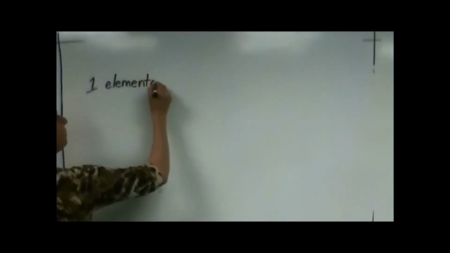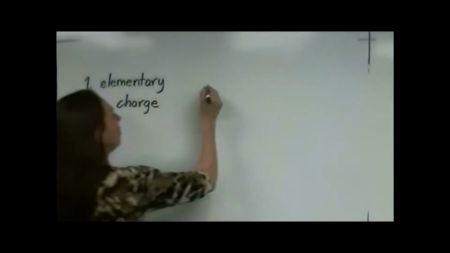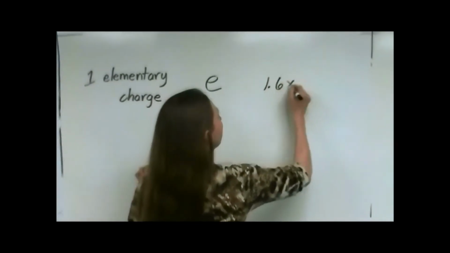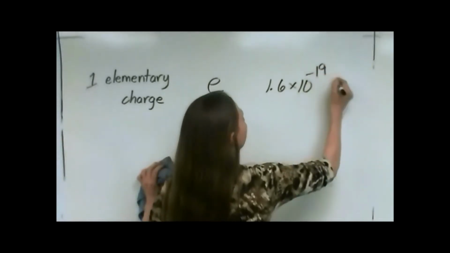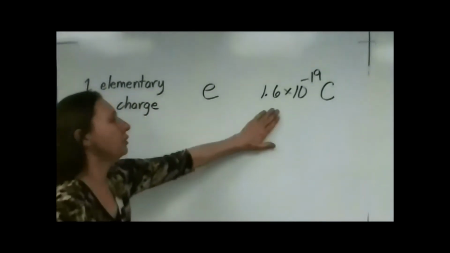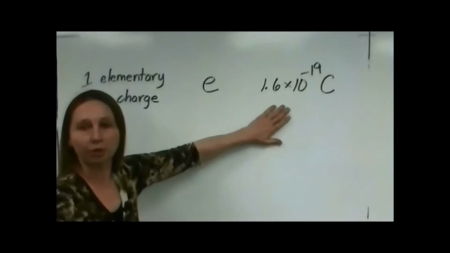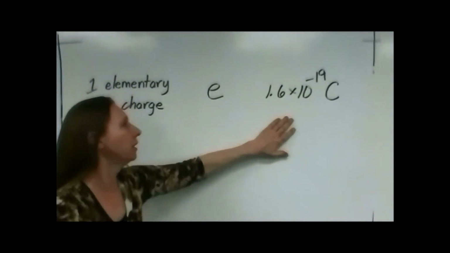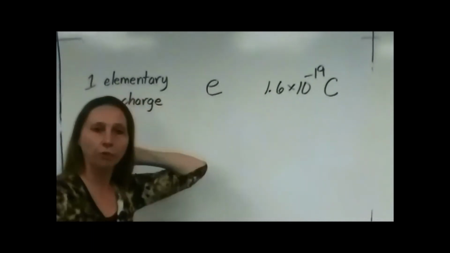The symbol for it is lowercase e, and it is equal to 1.6 times 10 to the negative 19 coulombs. That is the charge on an electron. Remember that it's negative. It is the charge on a proton. Remember that it's positive for a proton.